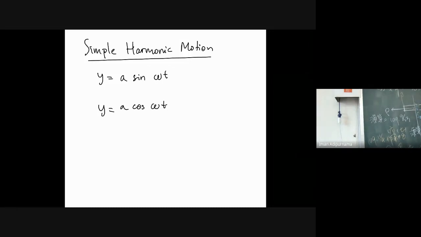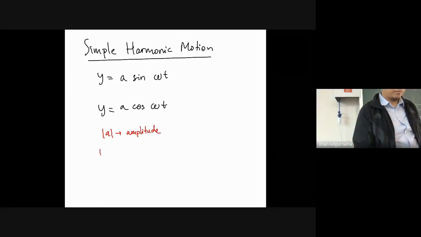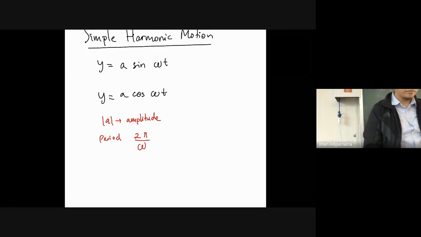But the period is always the same. You can treat this as your k. So the a is amplitude. The period is 2 pi over the omega, so this is the time for one cycle.